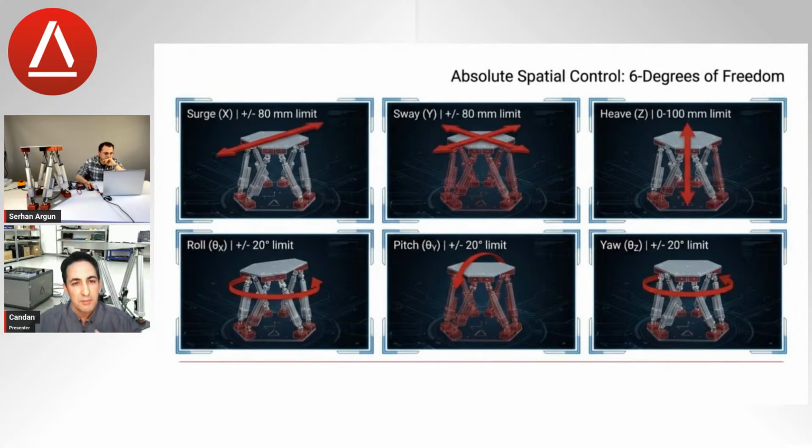And let me also explain first the surge motion, which is the x-axis motion. We call it the x-axis, which is this perpendicular axis currently moving. This is the surge movement or x-axis movement. The second movement is orthogonal to the x-axis, which is the y-axis. It is also called sway in naval terms.